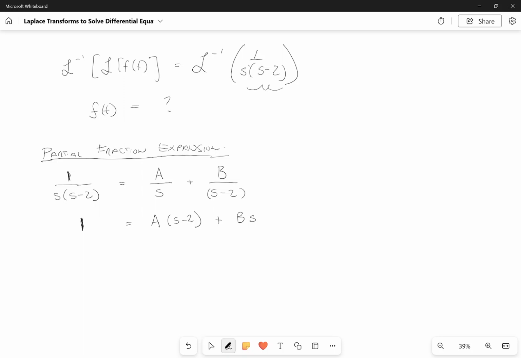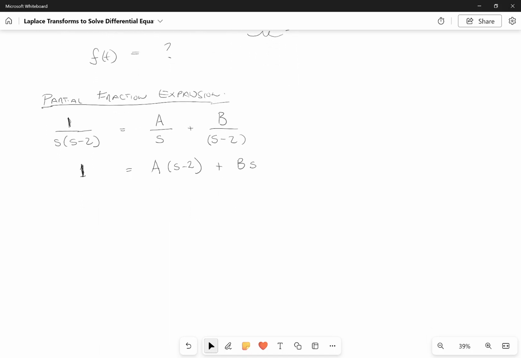Okay, now there's two ways that we can solve for A and B. What we can do is set s equal to, well, what would make that first term 0? Well, if s equals 2, right? So we can look at it this way.